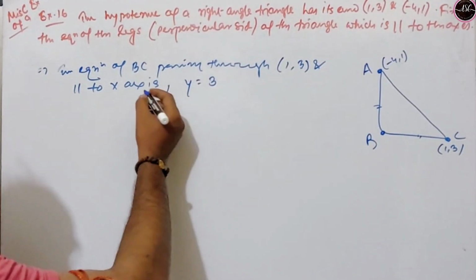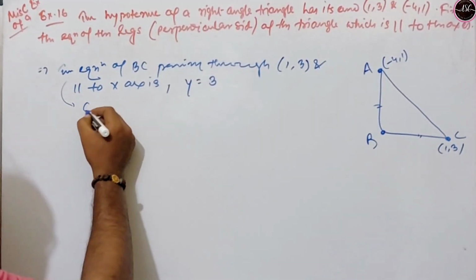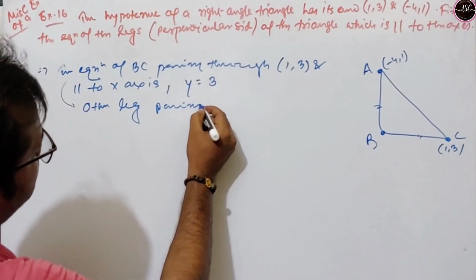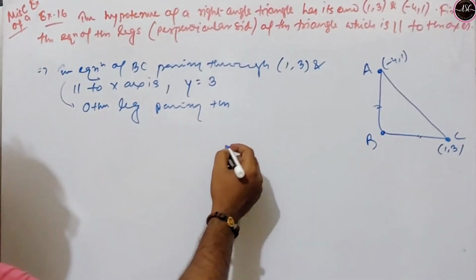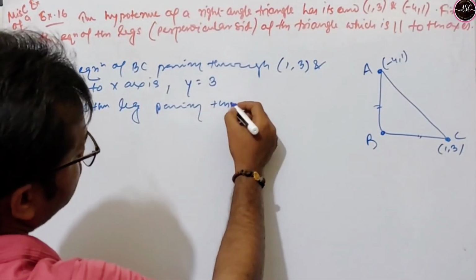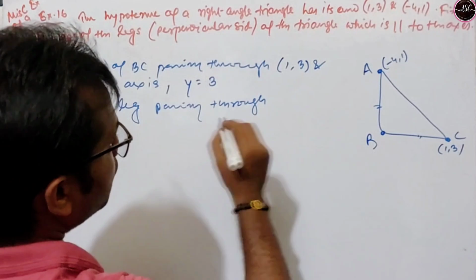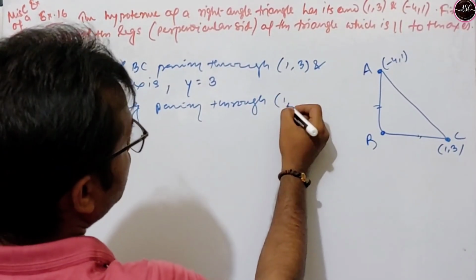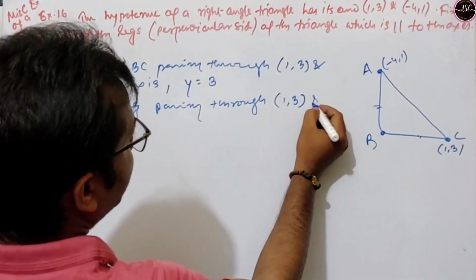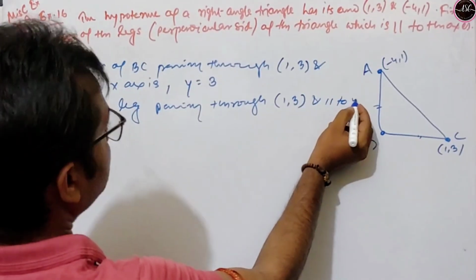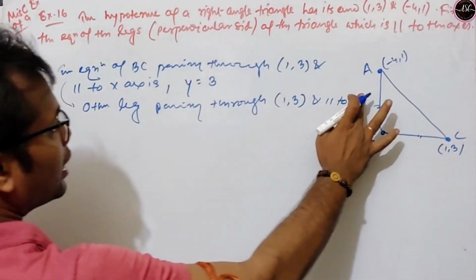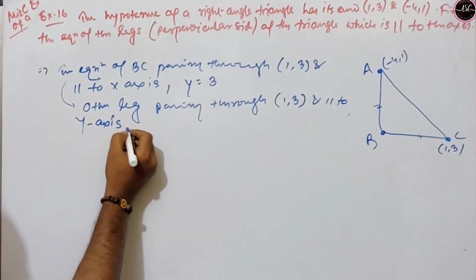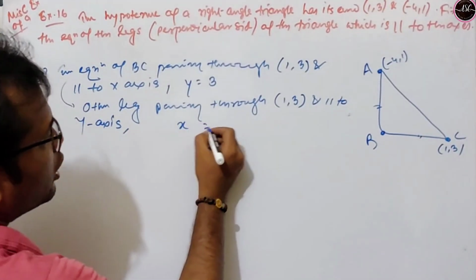That means the other leg passes through (1, 3) and is parallel to the y axis, so the equation is x equal to 1.